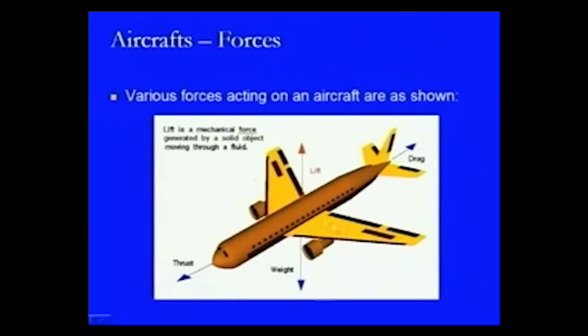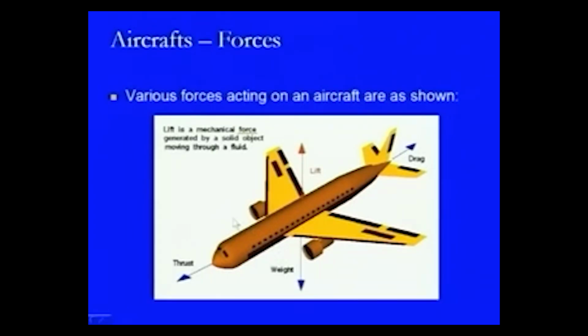Then there is another axis which goes along the wings, that is the y axis, and there is a third axis which goes perpendicular to these two axes, that is x and y axis, and this is termed as the z axis.